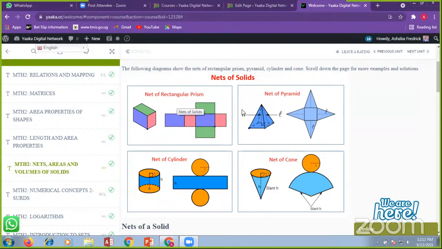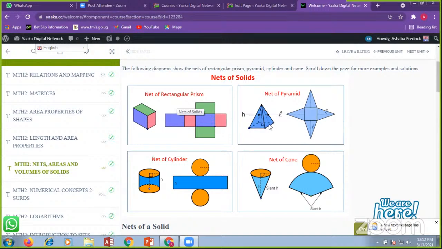Then when we go to a pyramid, a pyramid has a base, which can be rectangular, square, and so on. Then it has the vertical height above, and then we have these sides that are joining. These ones we call the slanting sides.